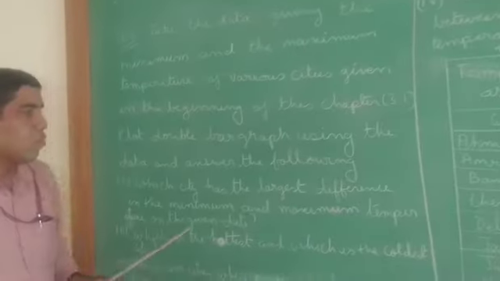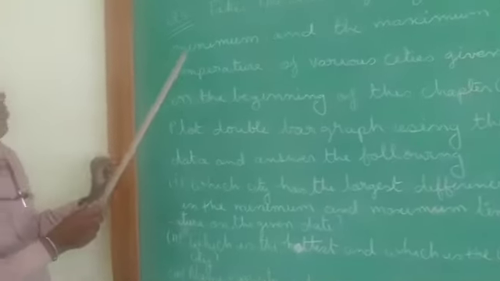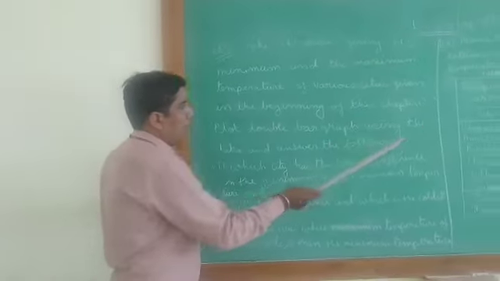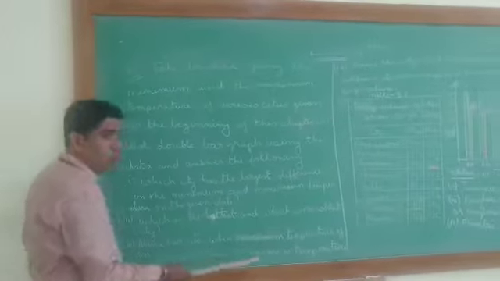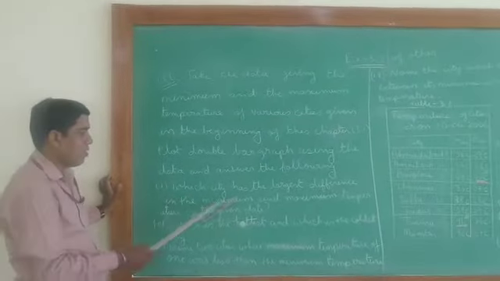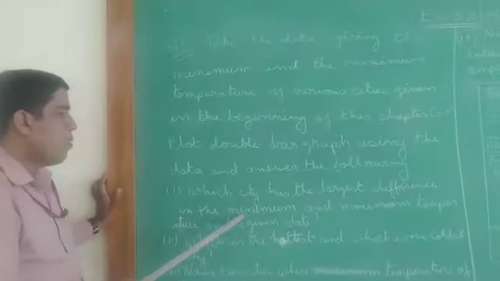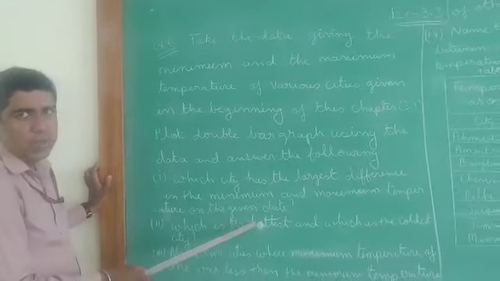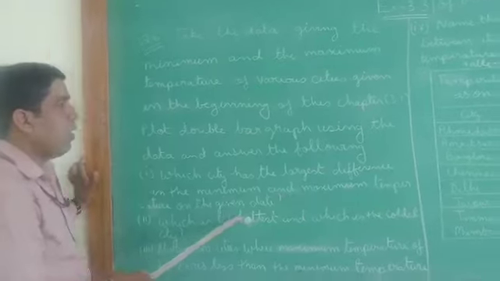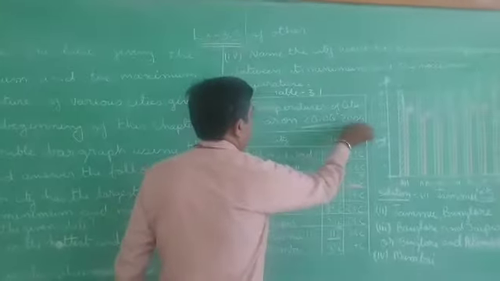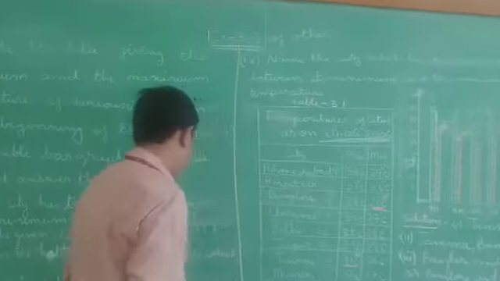Let me discuss this question once again. In short, take the data given in the table, and we have to answer the following questions. Which city has the largest difference in the minimum and the maximum temperature on the given date? What is the date here? This is the date they are saying: 26, 2006.